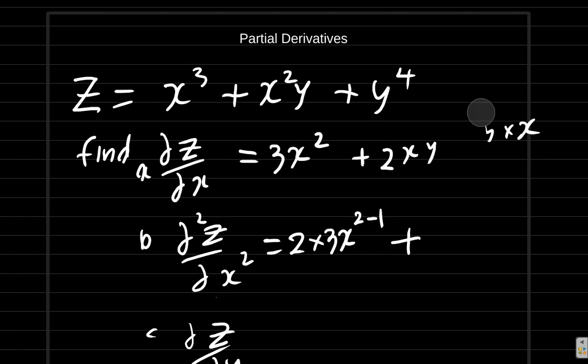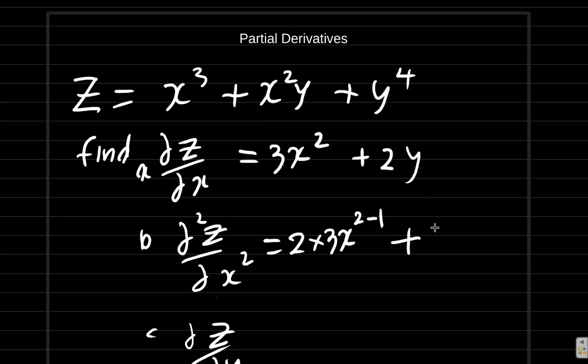It's as if you had 5 times x, because y would be just like a number. So what's left is 2y.